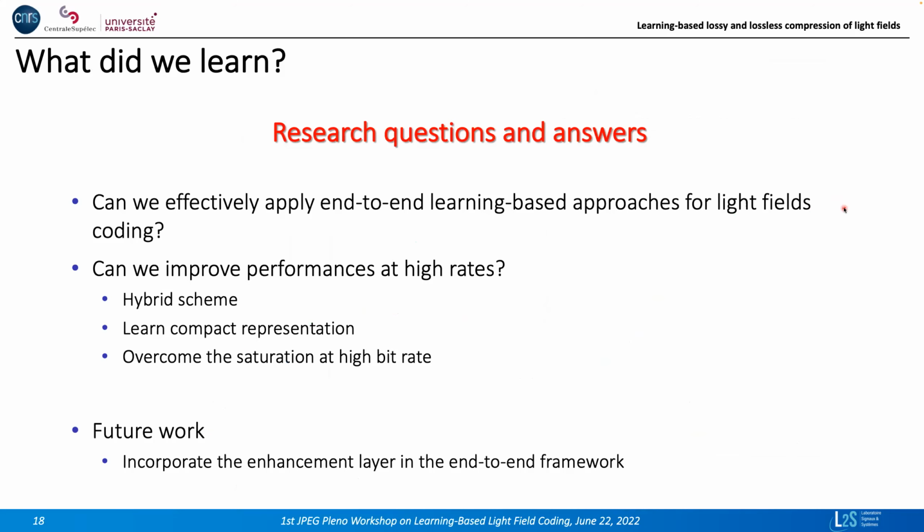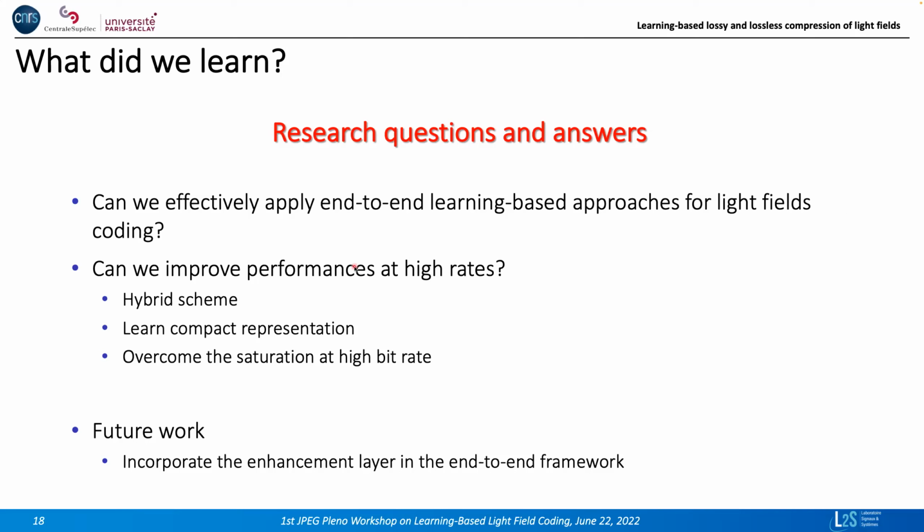So to conclude this first part, what we tried to understand here is how we can apply a learning-based approach to light field coding. And we saw that it is possible to design a hybrid scheme that uses at the same time end-to-end optimization for the base layer and a conventional codec for the enhancement layer.